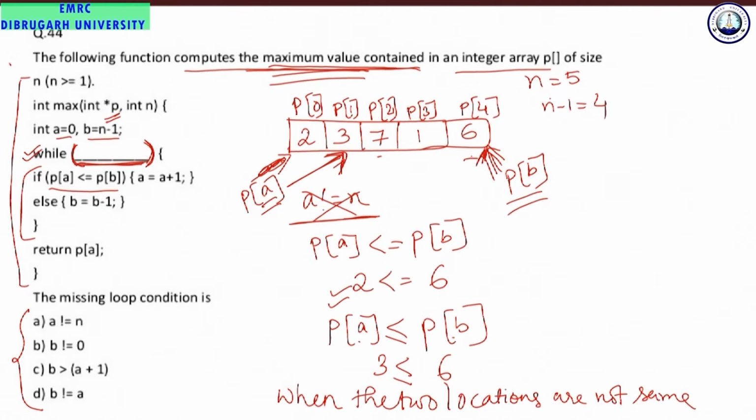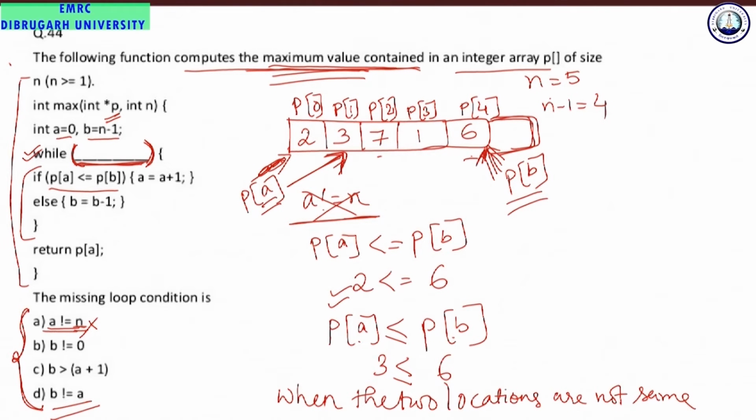So, from among the 4 options given to us, this is the best fit answer, because a not equal to n, it crossed the range of the array if it is 5. So, it is not applicable.